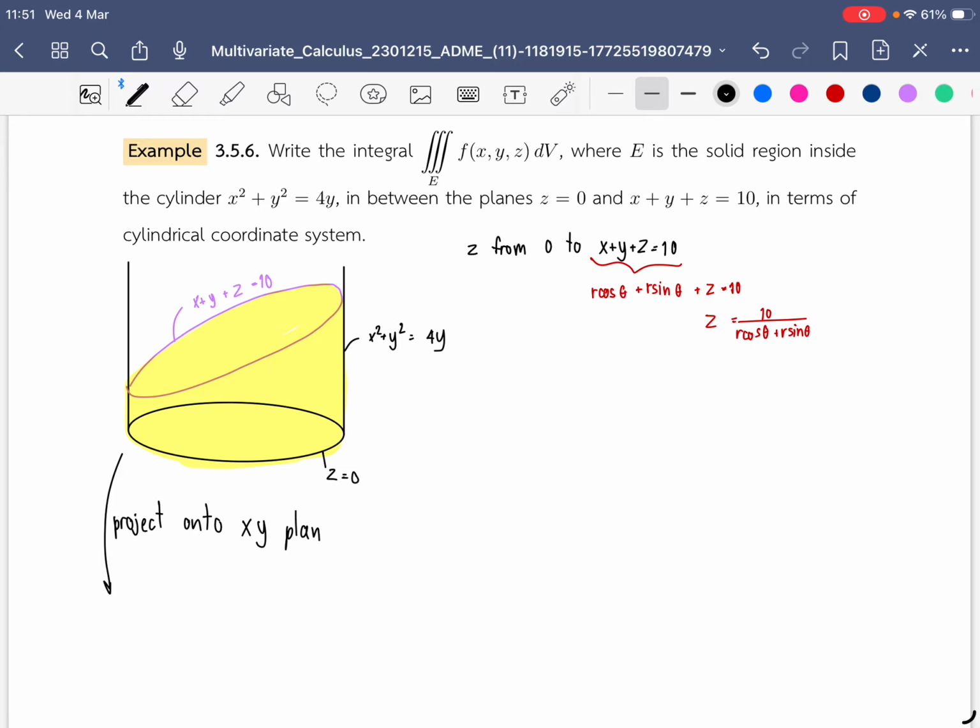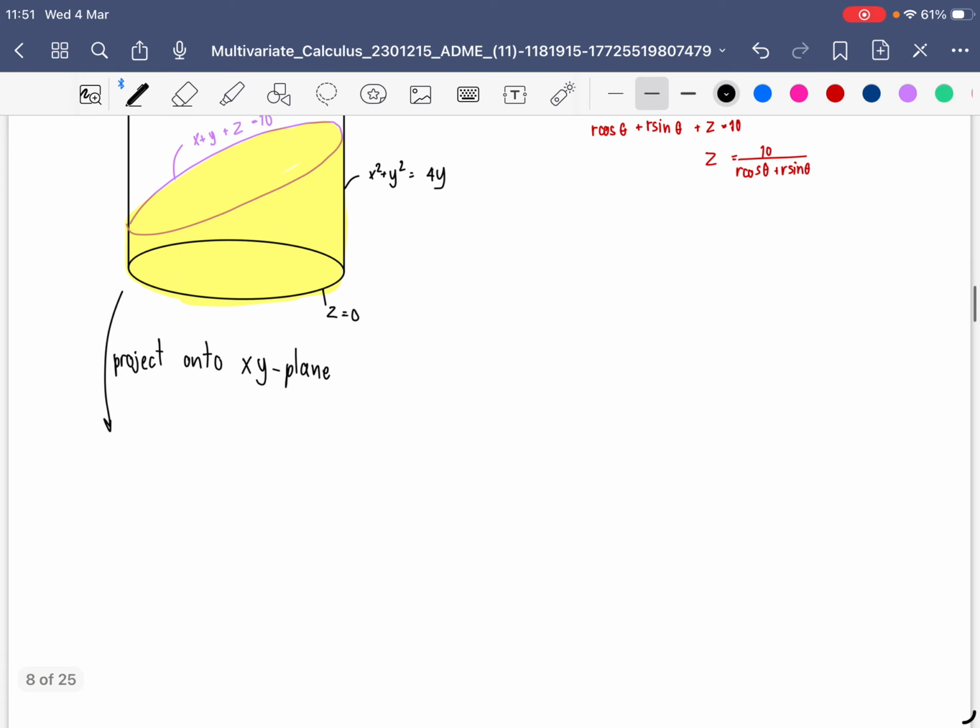Of course, your projection is the projection from the cylinder. So we are going to deal with this equation. In polar coordinates, you have r squared is 4r sine theta, which is r equal to 4 sine theta.